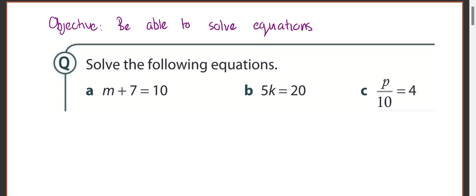So the big thing is, I need you to understand, what does solve mean in mathematics? No, it doesn't actually. Find the unknown number. Well, an answer could be an unknown number.